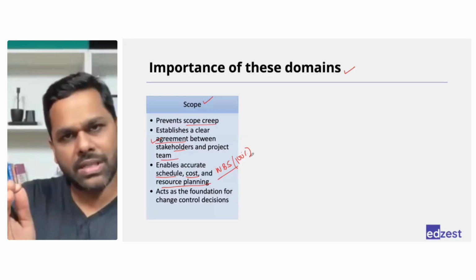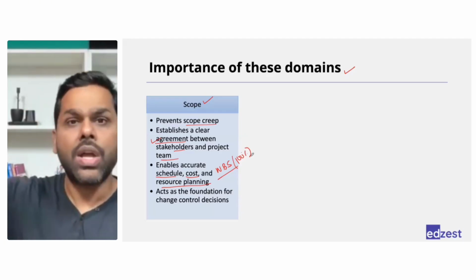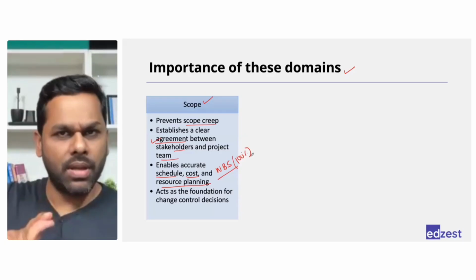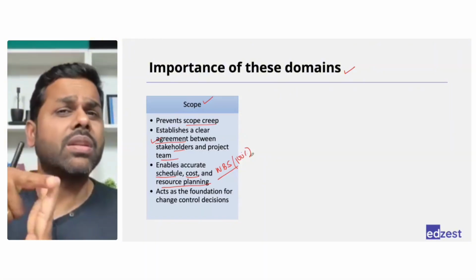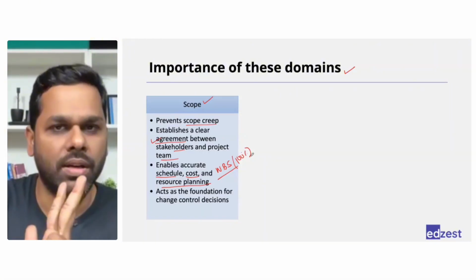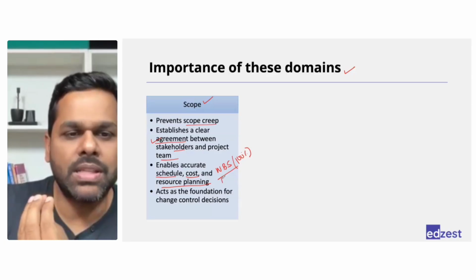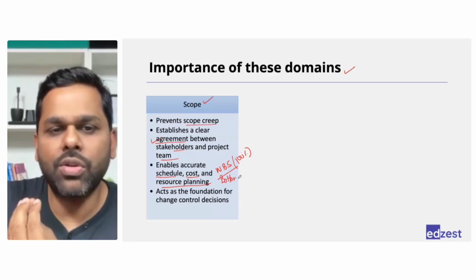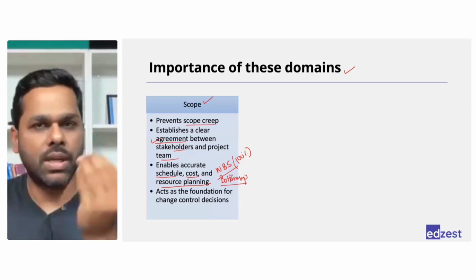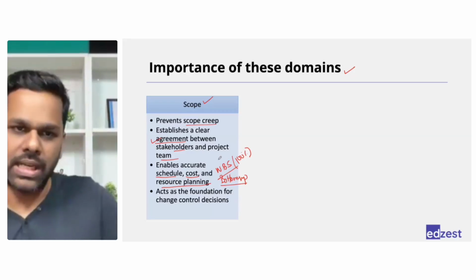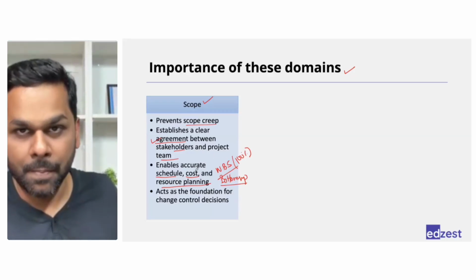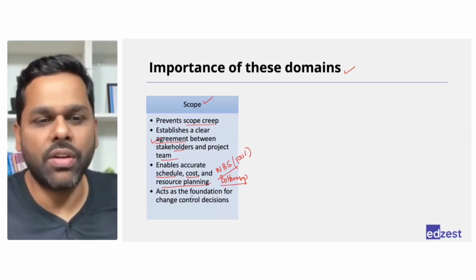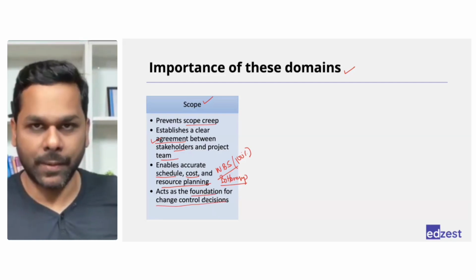Now, when you have 100% understanding, you will be able to estimate the time, estimate the cost, estimate the resources needed much, much better, which is nothing but bottom up estimating. So you will be able to apply bottom up estimating, which is the most accurate estimation technique that you can apply in the project.